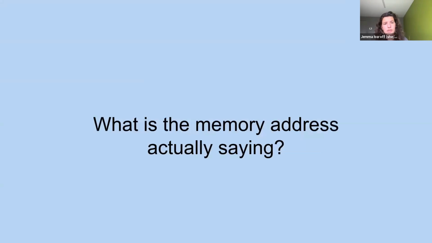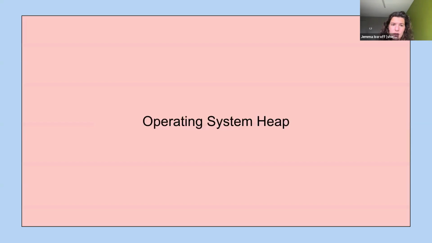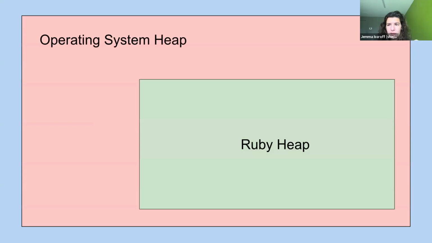But let's look, what was that memory address actually saying? So in order to understand that, we need to zoom out to our operating system heap, which we can think of as the memory on the machine we're running. And we're going to kind of dig down looking for where our object is. So the next level is Ruby actually has its own heap. It's going to feel a little like we're turtles all the way down, but we'll get to the object eventually.